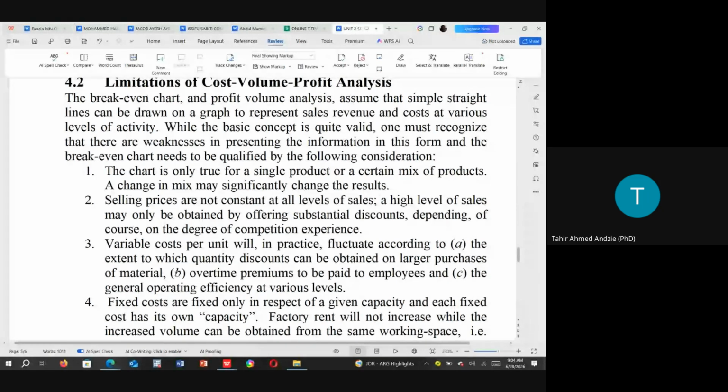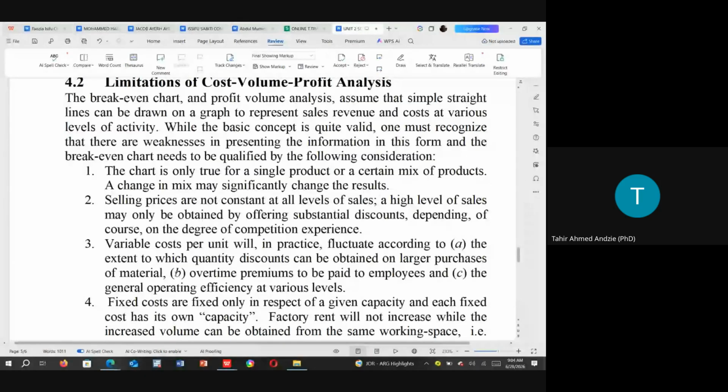Even if inflation does not change the selling price for us, competition can force us to make a change in the selling price. We can give discounts as a result of the competition that we are facing. So it's not always possible that we will hold the selling price constant.